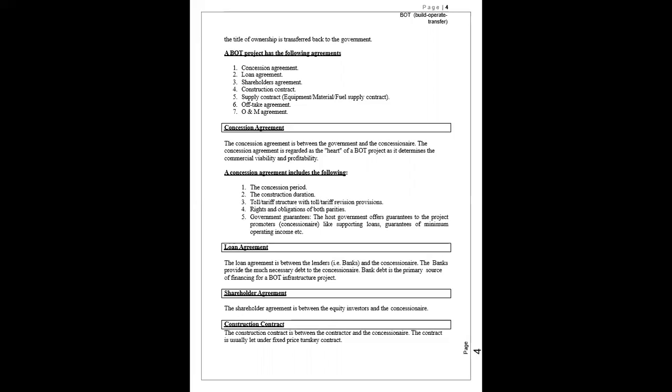Then construction agreement. A construction agreement or contract is between the contractor and the concessionaire company. The contract is usually let under a fixed price contract.